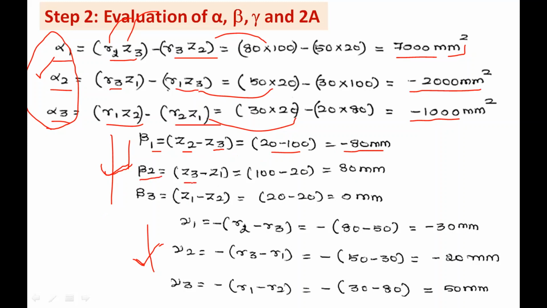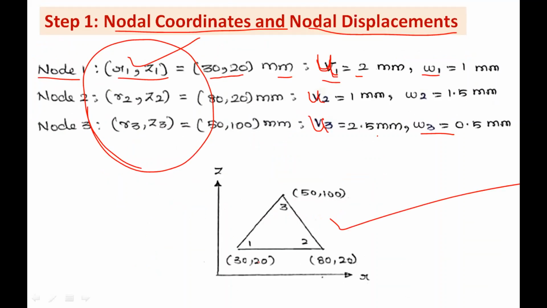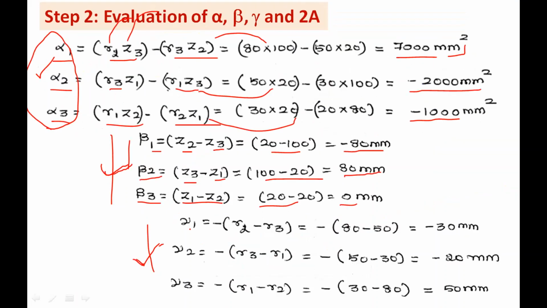Beta 2 is Z3 minus Z1. Substituting the coordinate values, we will get 80 mm. Beta 3 is equal to Z1 minus Z2. Substituting the values, we are getting 0 mm. So beta 3 is 0. Here you see one side of the element is horizontal, that is why we are getting one beta value as 0.